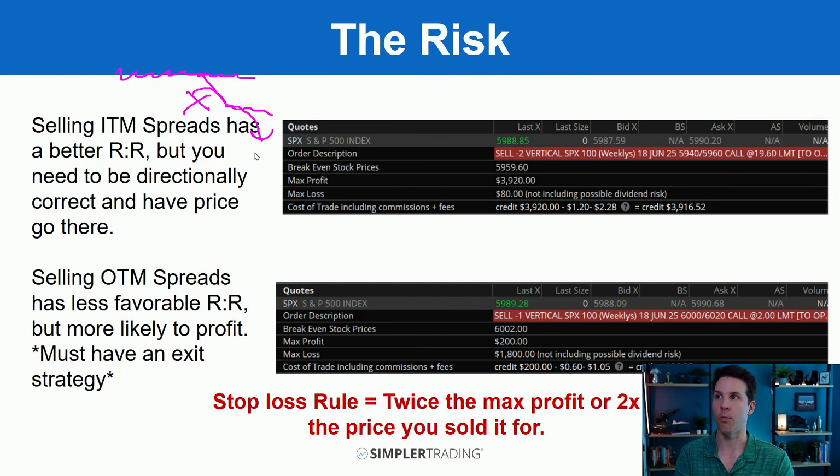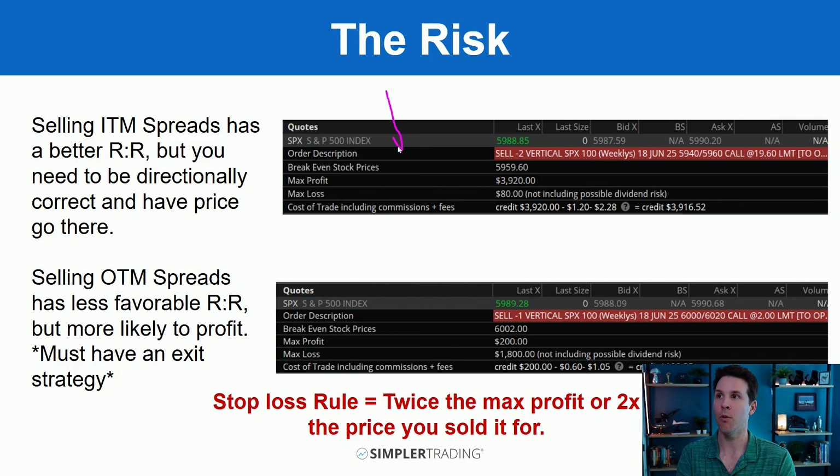Now, as I said, the risk to reward is better. If you look here, your max profit on this example, let's just call it was $4,000. Your max loss is $80. Now you look at that, you're like, wow, I would love to get $4,000 by only risking 80. Okay, well the reason that this is pricing this way is because it's unlikely to work. Okay, that's kind of how they price these things.